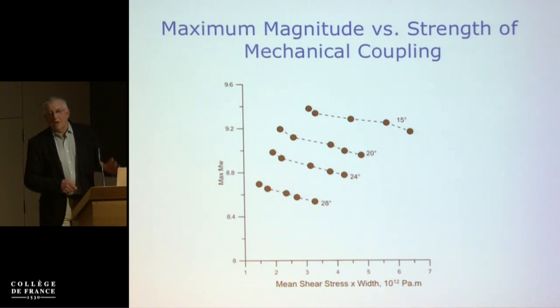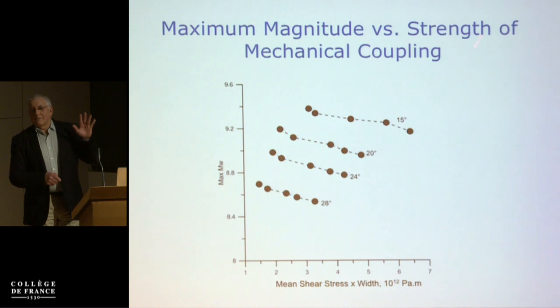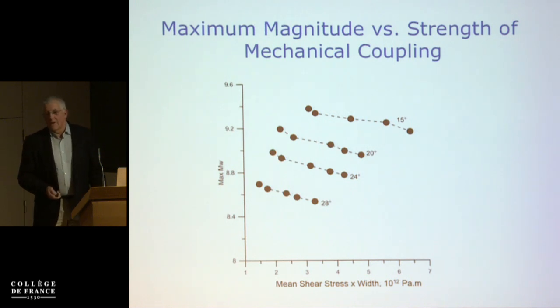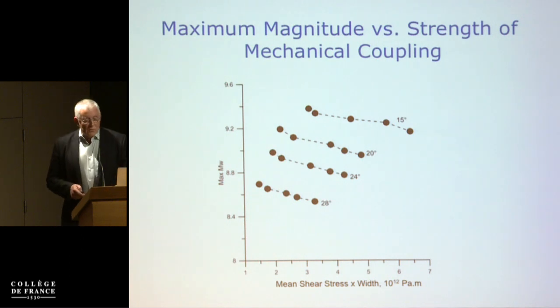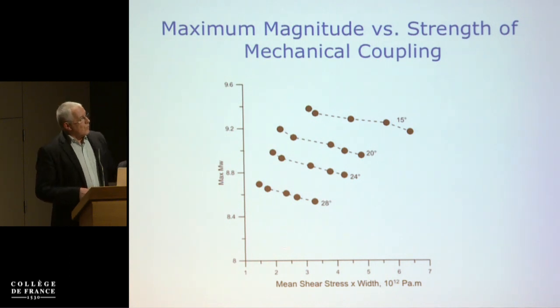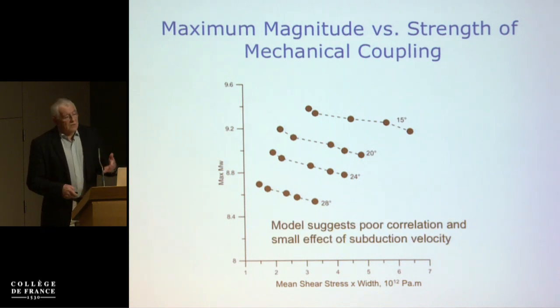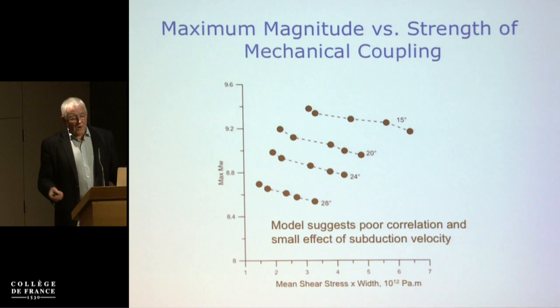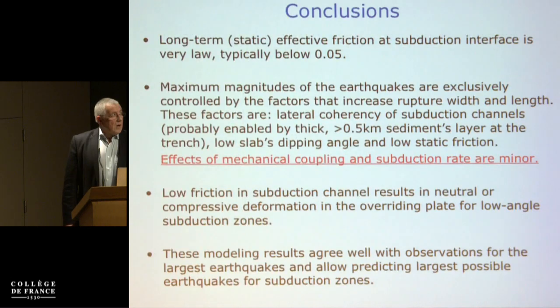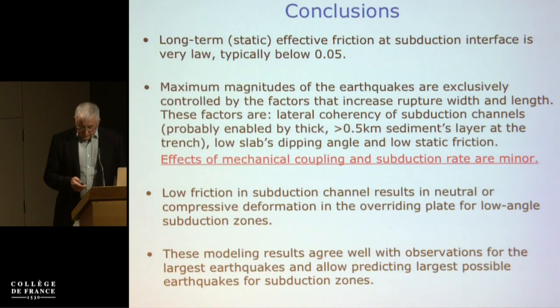So there is some shadow of correlation here, but it is very weak. The most important is, of course, the geometry of the zone, and subduction velocity doesn't play a role. So that's why Raff and Kanamori is not working.